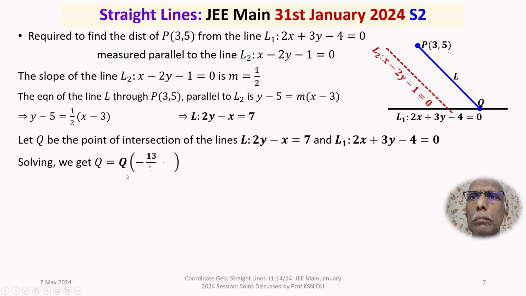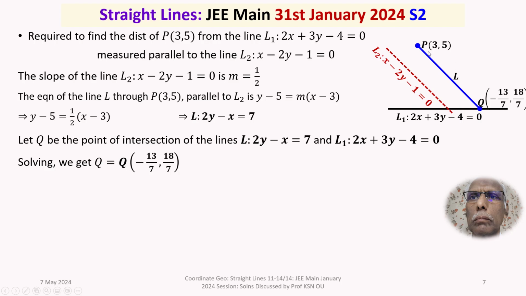So solving these two lines L and L1, we get the coordinates of Q as minus 13 by 7, 18 by 7. Now the distance between P and Q we want, and that will be the distance of the point P from the line L1 measured parallel to L2.